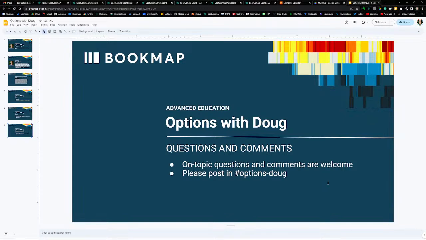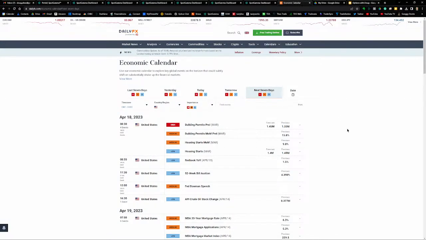All right, so first of all, economic data for the week. There's a lot of pretty much minor data that comes out this week. Today, I think there was some housing data at 10 a.m., and then starting tomorrow, the only thing that's marked here with high significance is the building permits tomorrow at 8:30 a.m. Eastern Time.